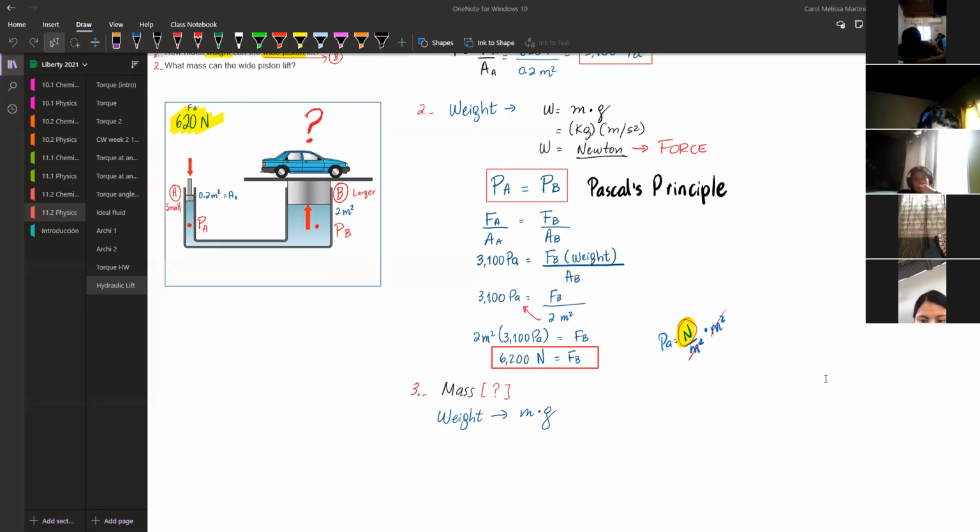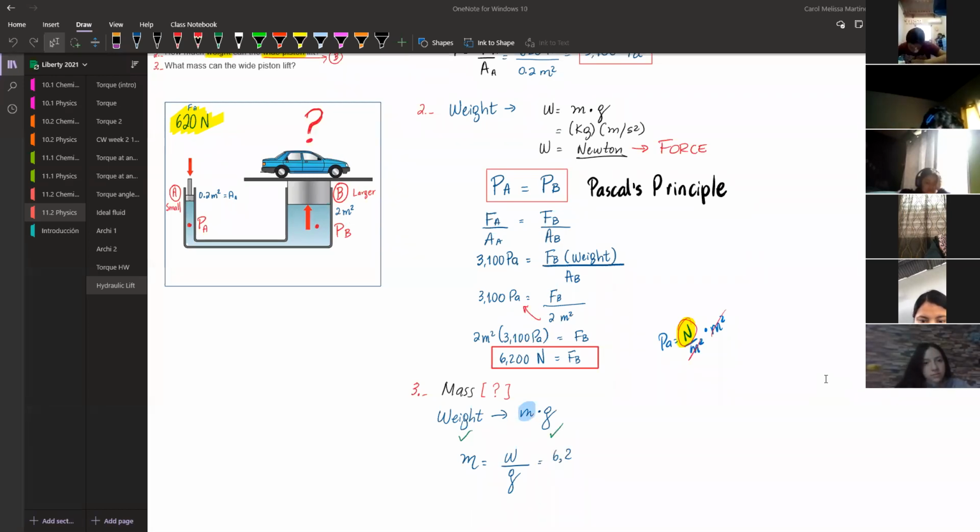So you know the weight because you got it in the step before. You know the weight and you know the gravity, which means that you can easily isolate for the mass. So you say mass is going to be equal to the weight divided by the gravity.